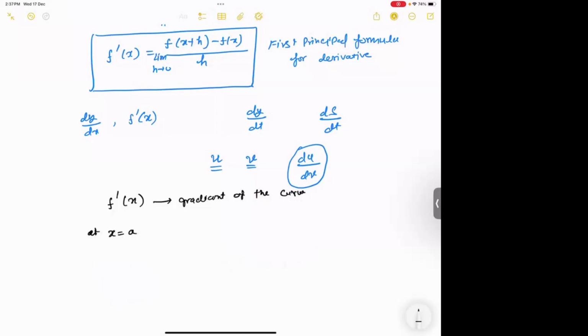It may be 2, 3, 4, or negative number or positive number, anything. So we can write f'(a) and we can input that value in place of x, and we find the gradient m of the curve at that point a. And this is a function, which we get by differentiating it.